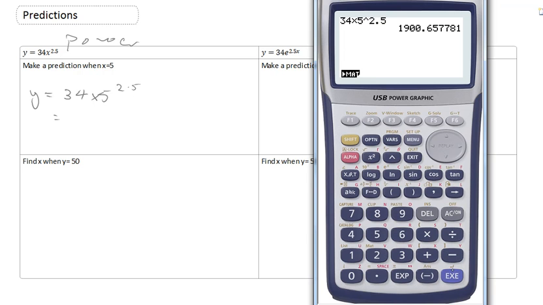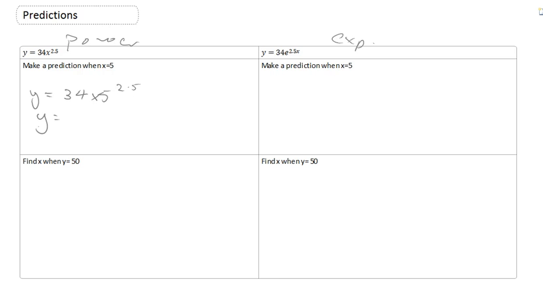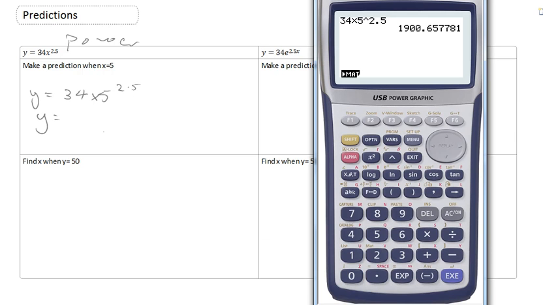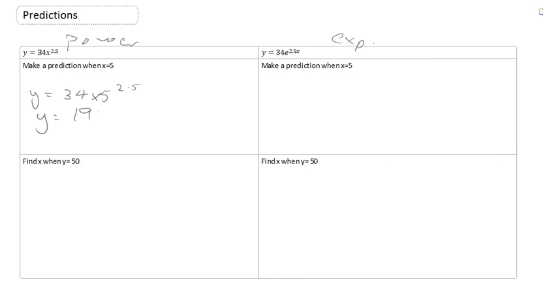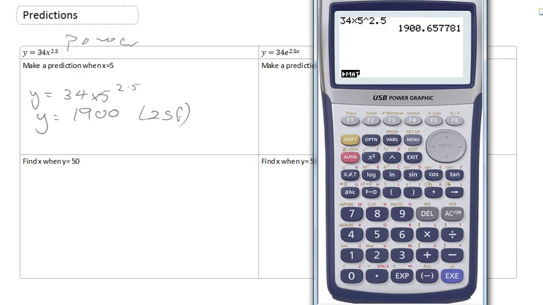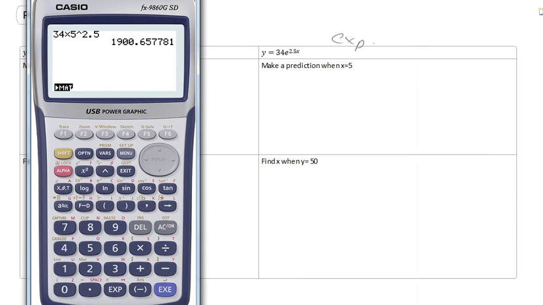And that gives me that y equals 1900.65. So I'm going to go 1900, and I'm going to say that's to two significant figures. So I'm done. Now I'm also going to do the same thing for my exponential.